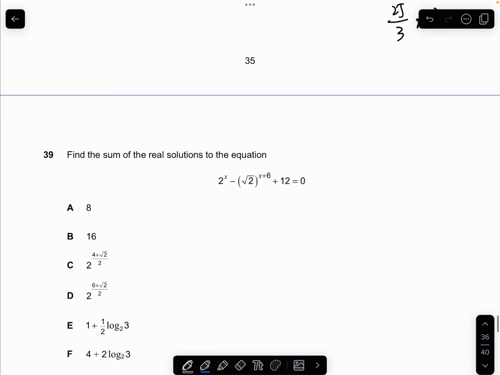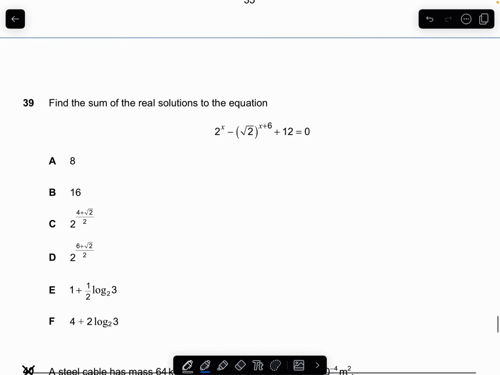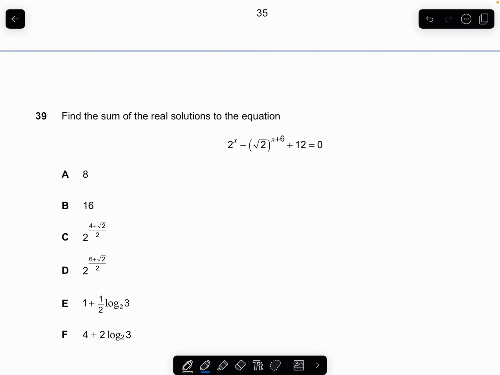Sum of real solutions. Oh, a little bit hard, but I don't mind. So it would be 8.